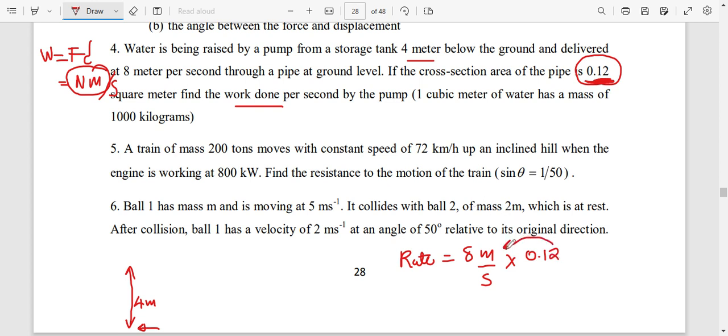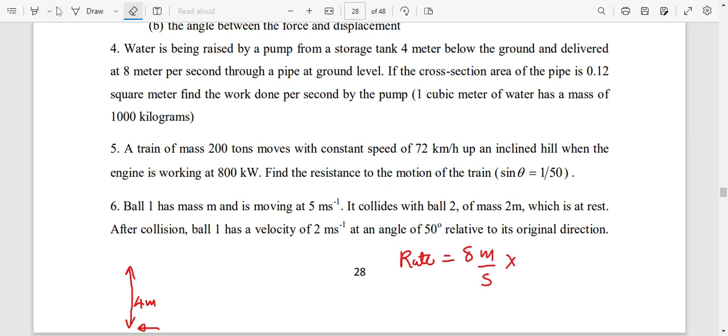Meters squared times this meter, we're going to end up with meters cubed. But let me first start with the relationship that has been given with the mass for water. From what you've been told, 1 cubic meter of water has a mass of 1000 kg. Now, how much mass of water is going to be here?